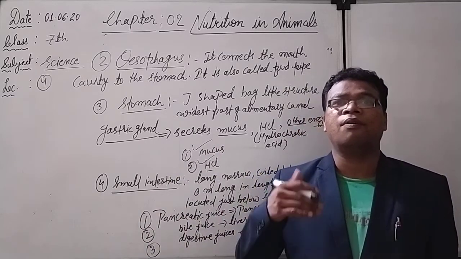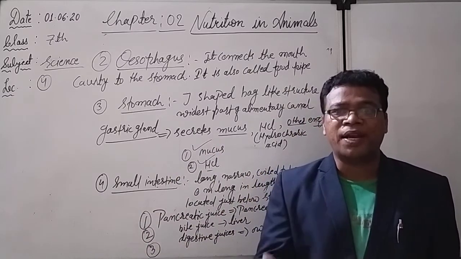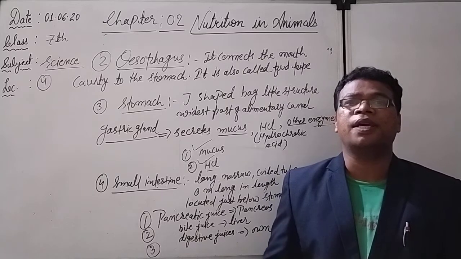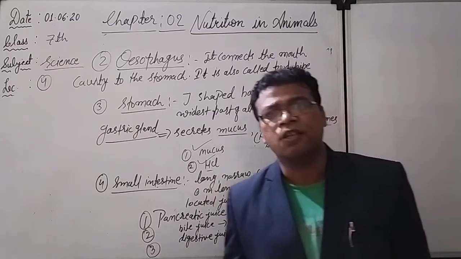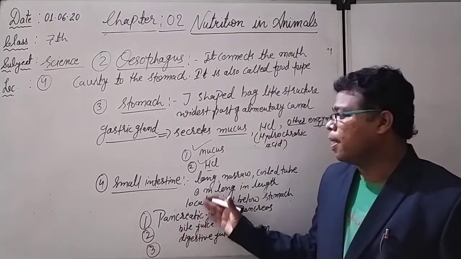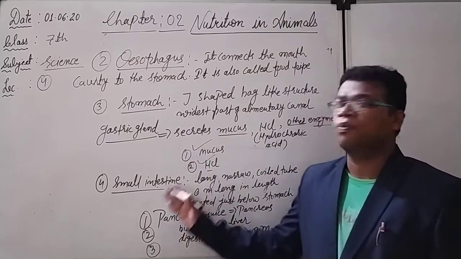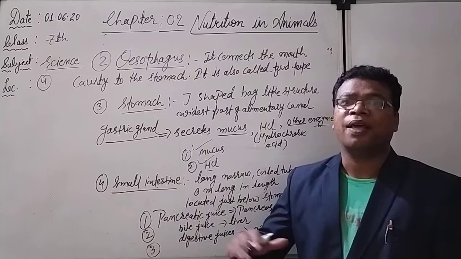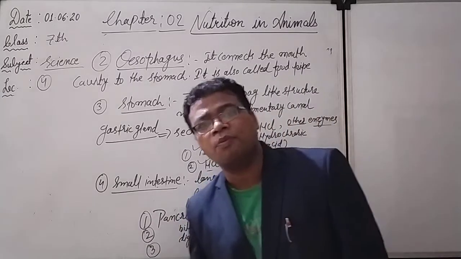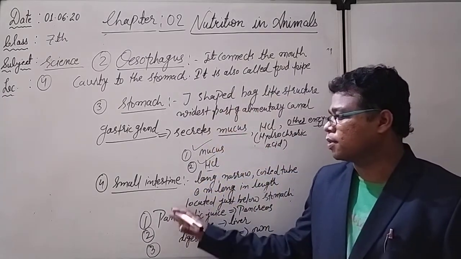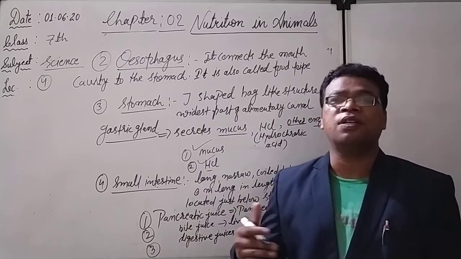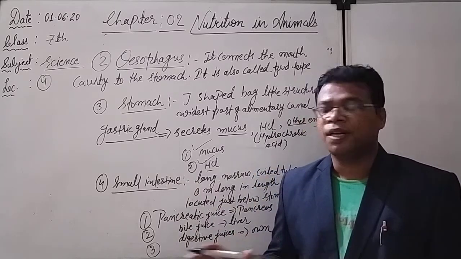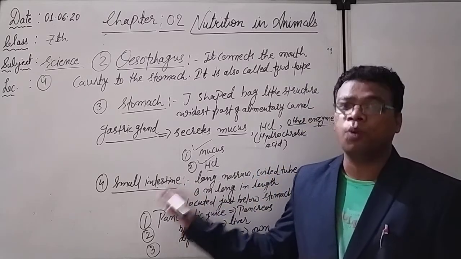And all the fats present inside the food particles are converted into fatty acids. So almost all the components of the food are converted into a smaller form with the help of the digestive juices. So here the complete digestion finishes.